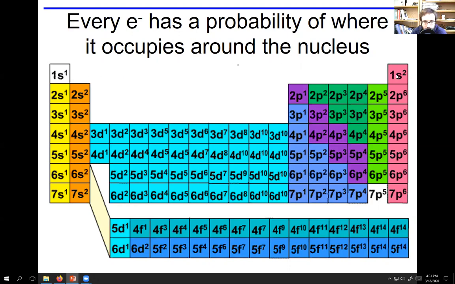Then you're going to go to helium, number 2. Well, that's going to have 2 electrons in the 1s, a spin up and a spin down. That's why there's a superscript 2 here, okay? And those 2 are going to also be present when you get to lithium. You're going to have an electron configuration of 1s2, 2s1, okay?